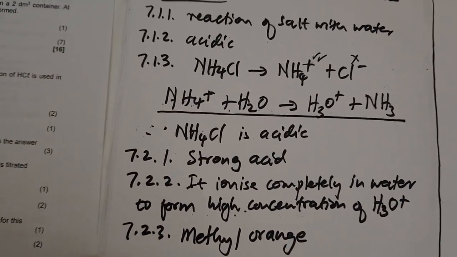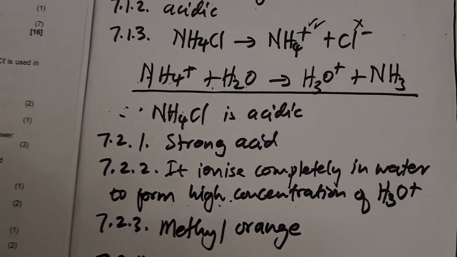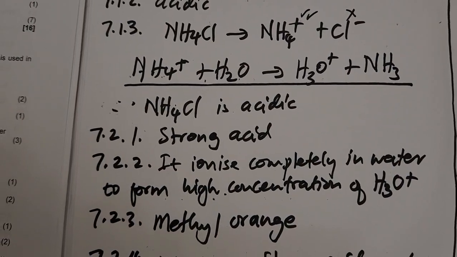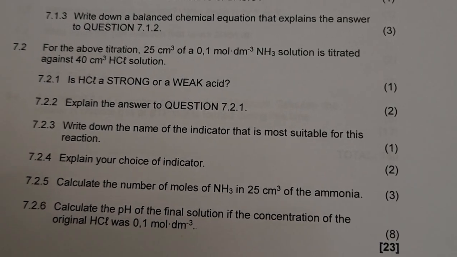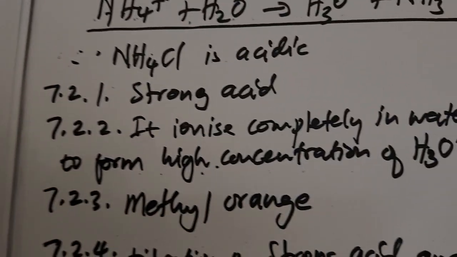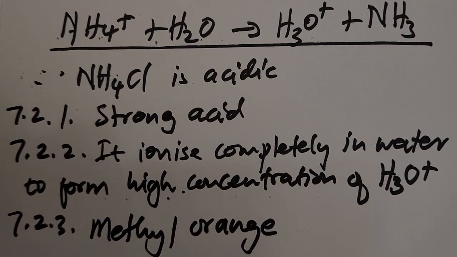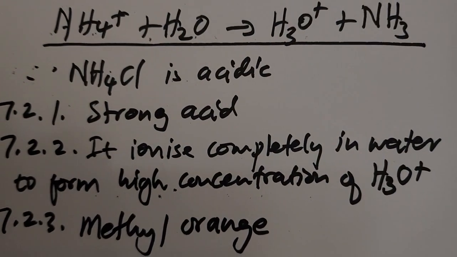We are just continuing with the problem solving on acids and bases. I think we were at 7.2.2, if that's correct. They say to us, explain your answer why HCl is a strong acid. We said please just say it ionized completely in water to form high concentration of hydronium ions.